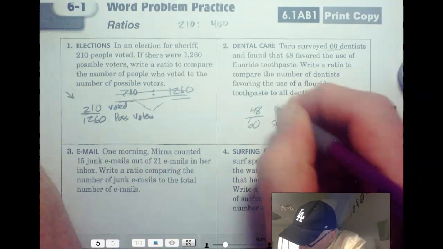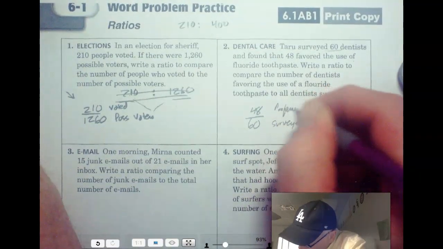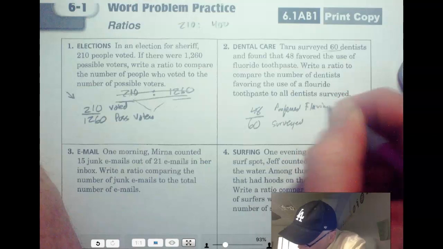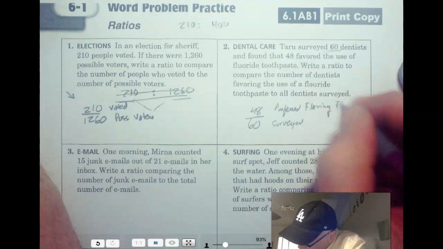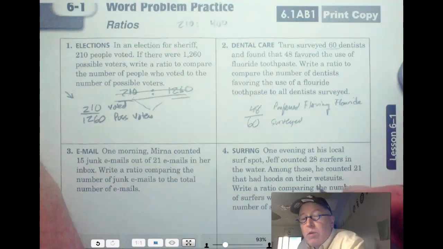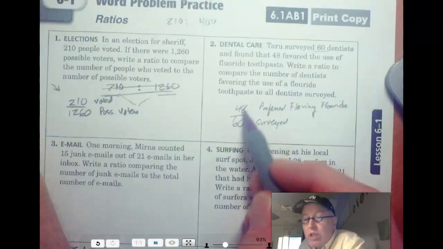This is preferred fluoride. Oh, sorry, favoring fluoride. So there's my ratio. Again, it's a fraction, or that special case ratio where it's part to whole.